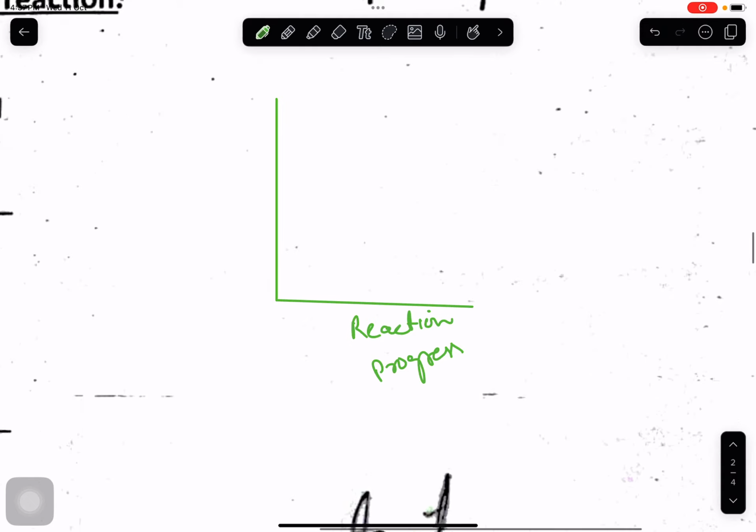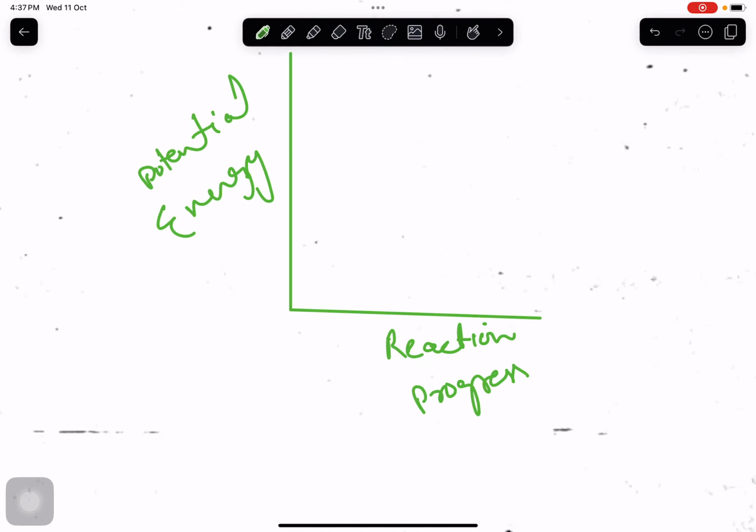Here we have potential energy. Now, in endothermic reactions, we have reactants at lower energy, while products are at higher energy.